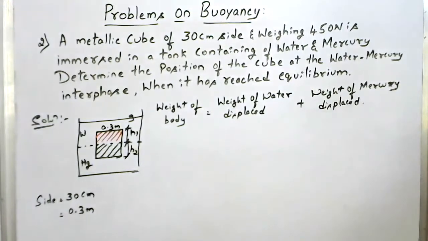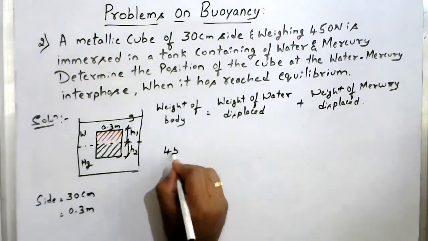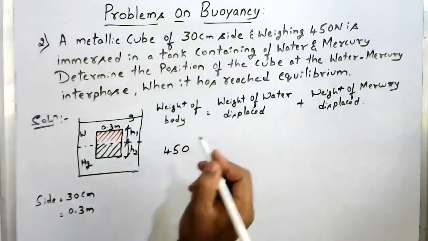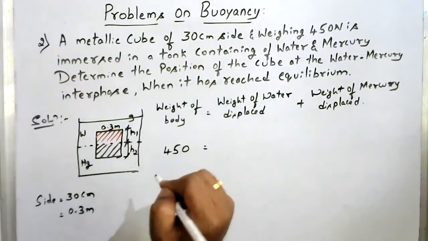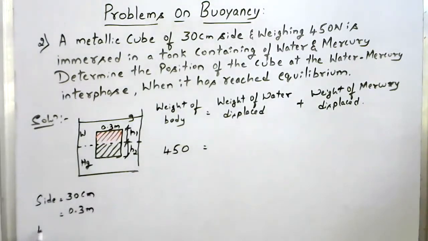Correct? So therefore, the weight of the body is given directly as 450, because in the previous case you were finding the density, but in this case he has given the weight directly. If you want to write it on the side, the weight is equal to 450 Newton.